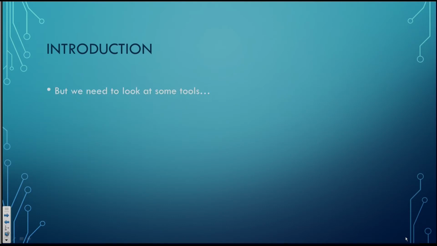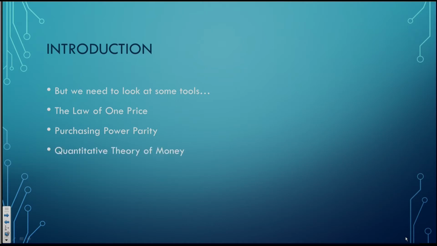But we need to also look at some tools. Law of one price. Well, we're going to need to bring that back from previous lectures. And the idea of purchasing power parity. Again, something we've introduced, but we're going to need to explore more here. We're going to need to go back to the quantitative theory of money.